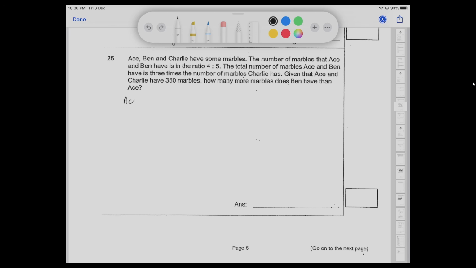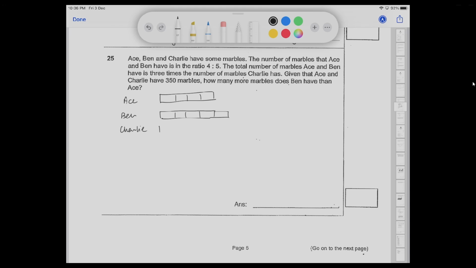So Ace, Ben, and Charlie. Ace and Ben are in ratio 4:5, so it's 1, 2, 3, 4 and 2, 3, 4, 5. The total number of them is 3 times the number of marbles Charlie has.